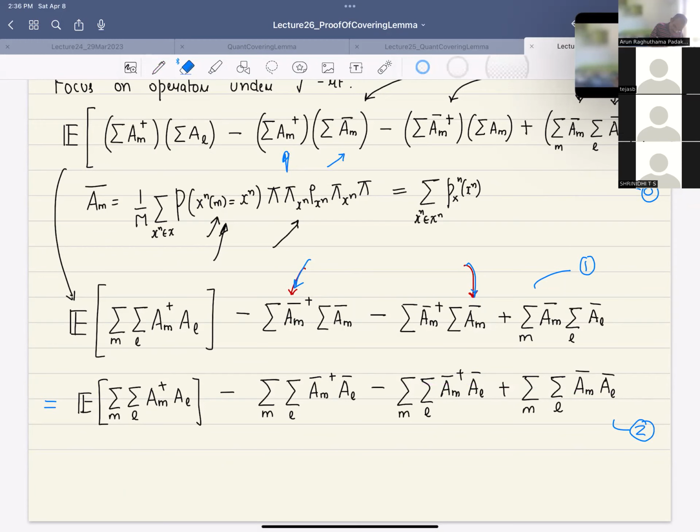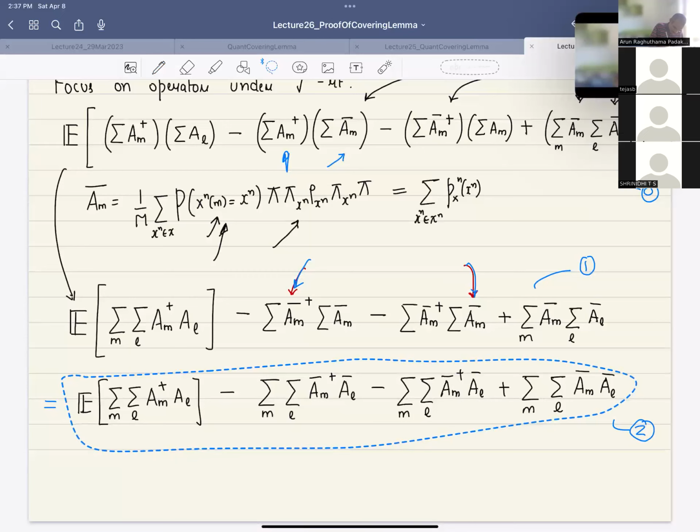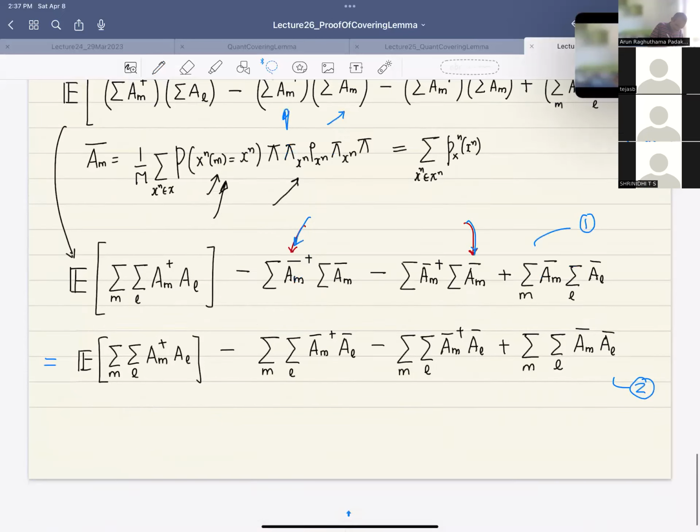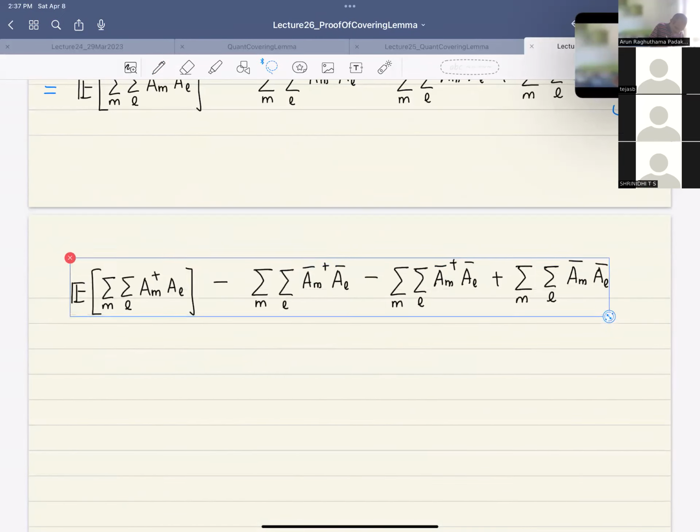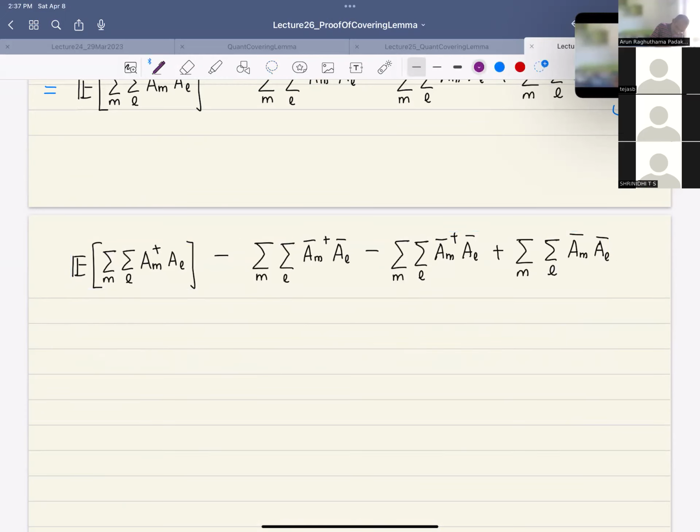I'm going to copy paste and write this because later the notes will have it. It gets knocked off. So I claim I have the following.